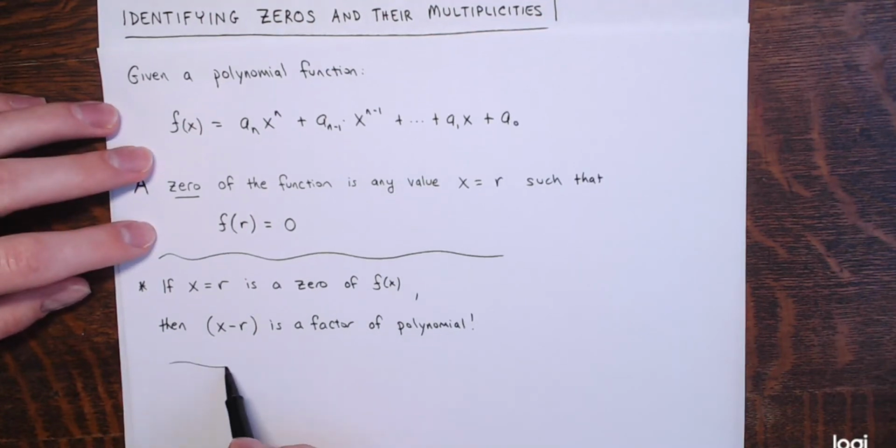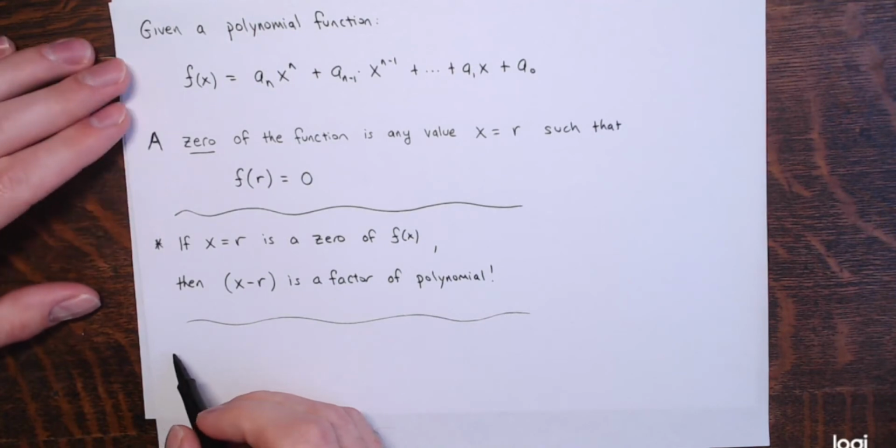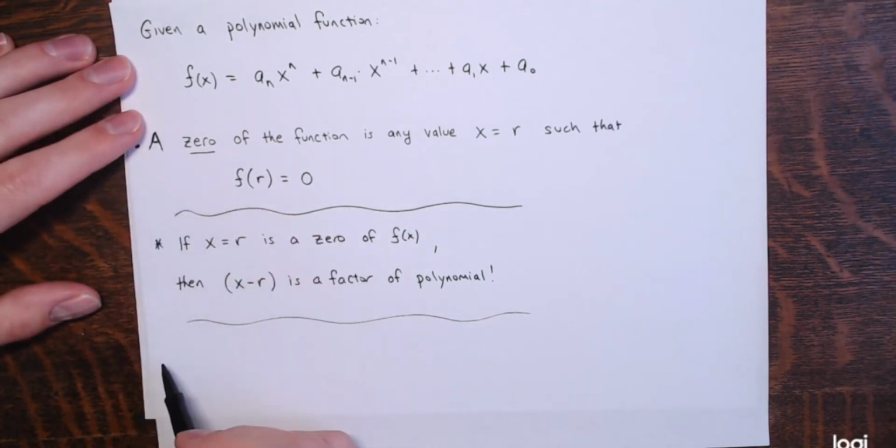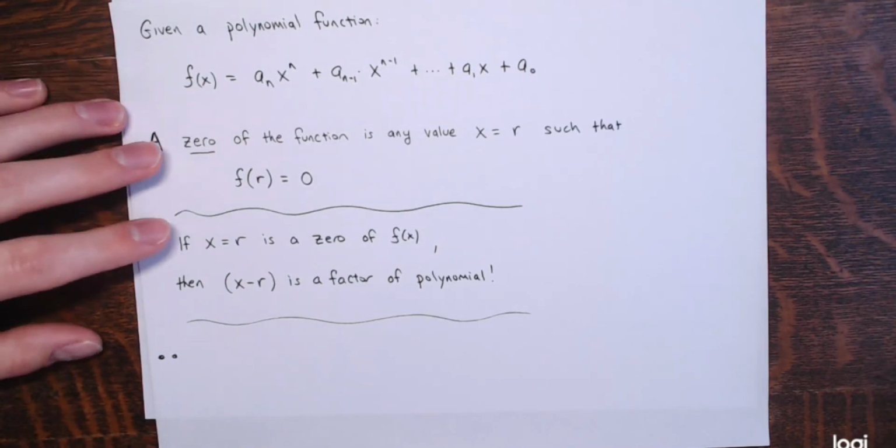And then finally, the definition of multiplicity of a zero.